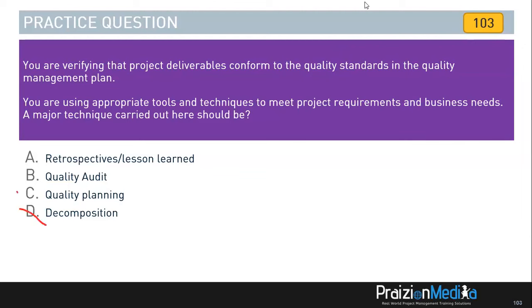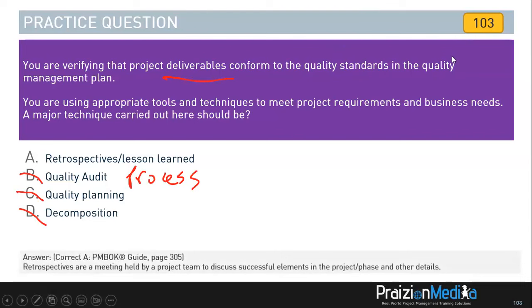You will not choose quality planning because that has already happened. And you will not use quality audits because that has already happened, because this is process related. This question is talking about a product. This is product related. So the best answer, my friends, is retrospectives and lessons learned.